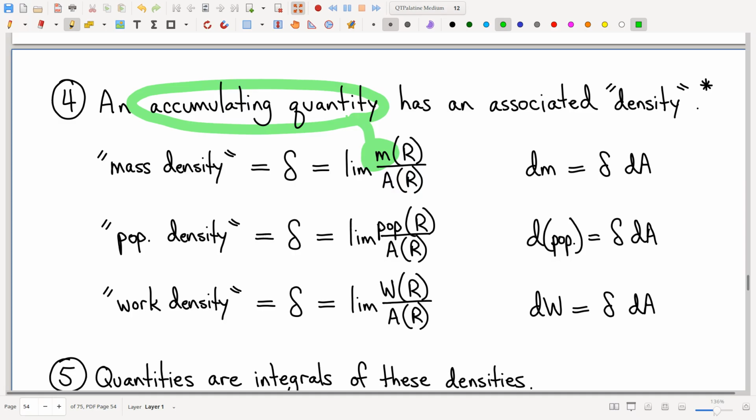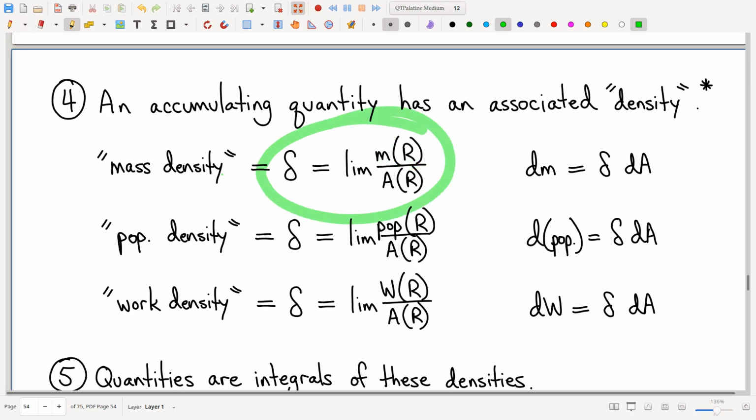Any accumulating quantity at all. All I need to do really is to be able to associate whatever this accumulating quantity is to little pieces so that I can talk about how much of that stuff, real or imaginary, is associated to any given little piece so that I can compute the corresponding density. So a little bit weird.